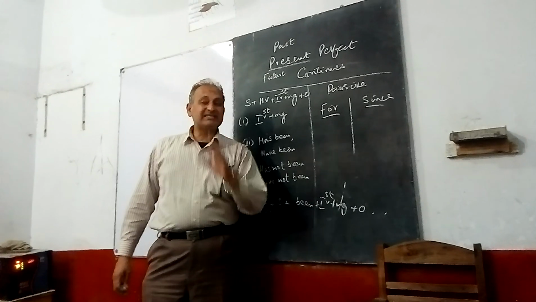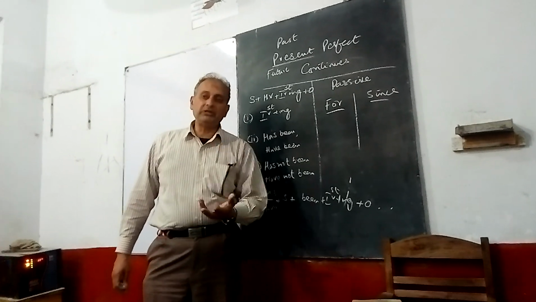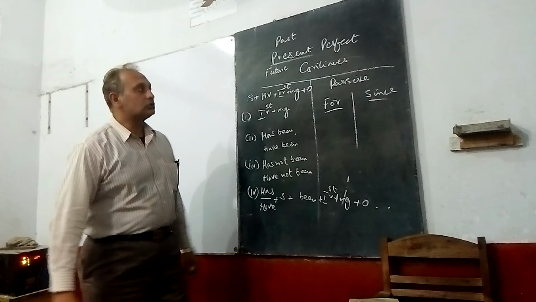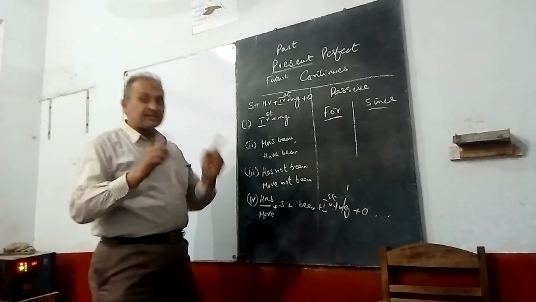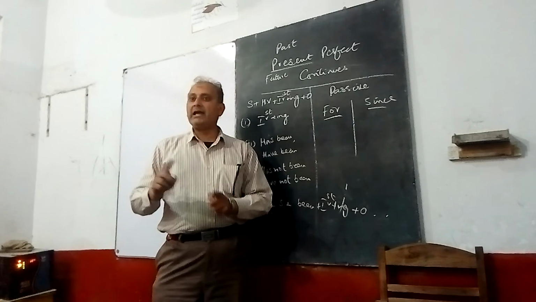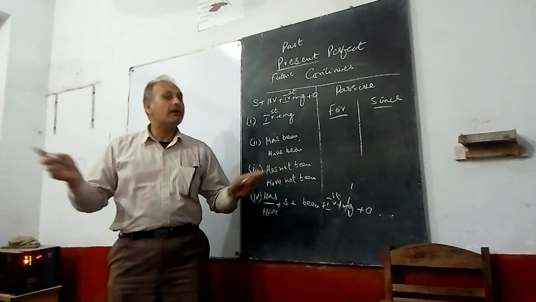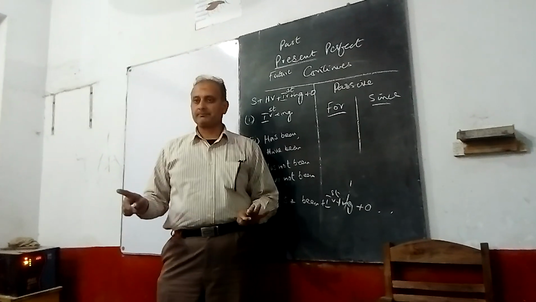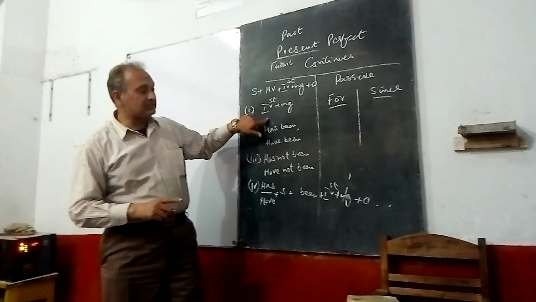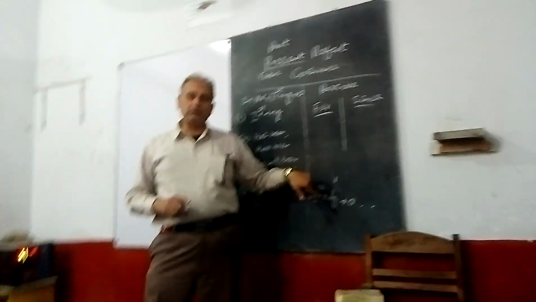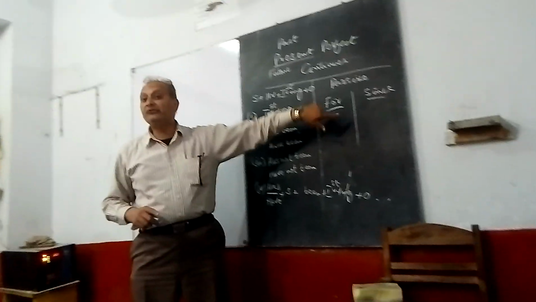Whenever you want to differentiate, you have to see two things. Number one, in continuous tense there is a passive voice, while in perfect continuous tense there is no passive voice. Clear? And the second point is this: in continuous tense we don't use a time frame.